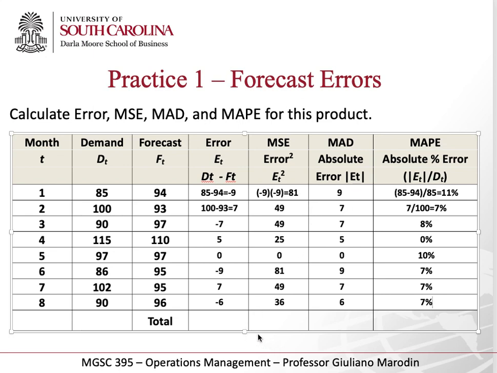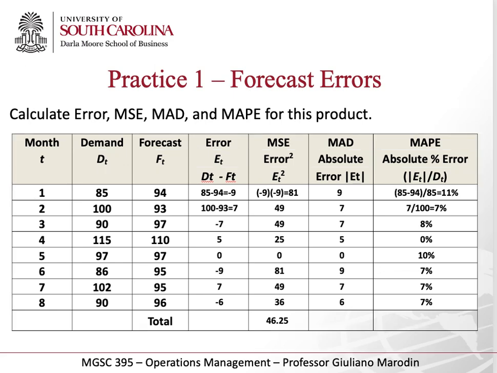So for the mean square error, mean absolute error, and mean absolute percentage error, I just take the mean of this, right? So the mean is going to be 46.25, just summing all those numbers and dividing by 8. 8 is n because that's the number of months that I have. So n is going to be the number of observations.